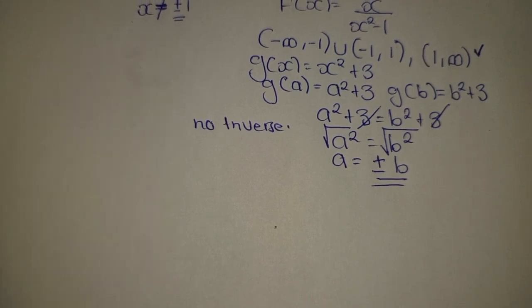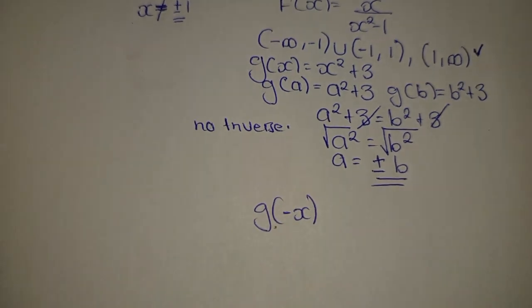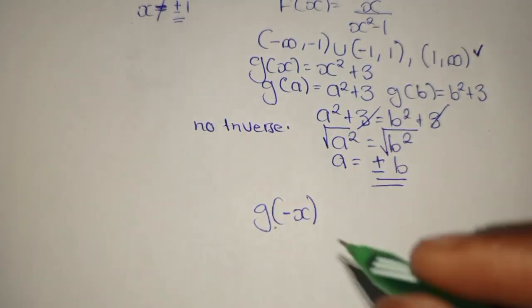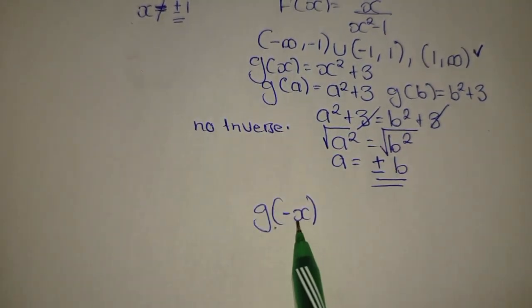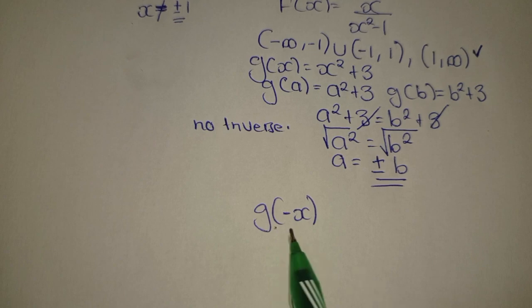To prove whether g is an odd or even function, we always use the law of negative x. If, when we place in negative x, we get the very same function as the original, then the function is even. But if you multiply the original function by a negative and it gives you the result of plugging in negative x, then it is odd.